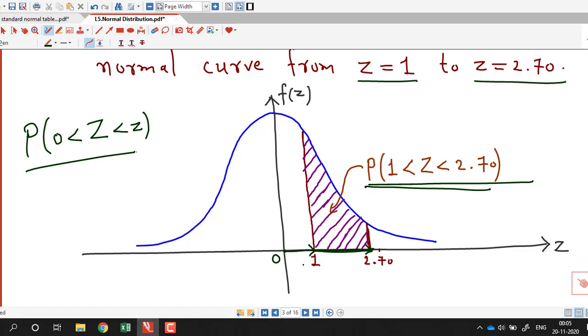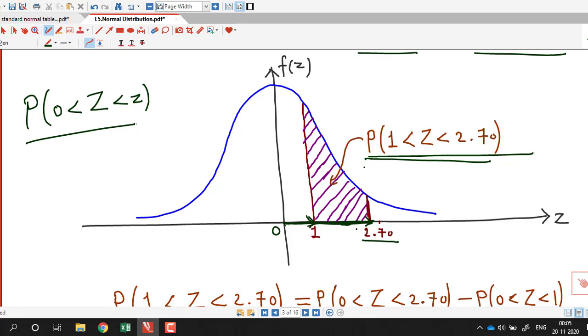First I consider the area from 0 to 2.70, but I require the area between 1 and 2.70, so I have to subtract this area from this total area. So the area between 0 and 2.70 minus the area between 0 and 1 is nothing but the area between z equal to 1 and 2.70.